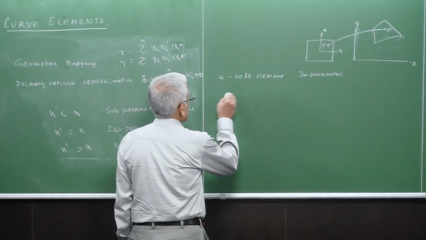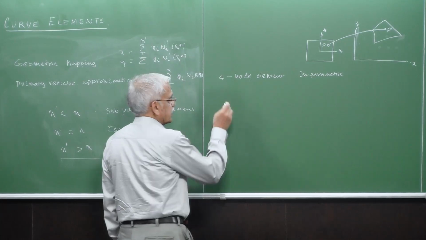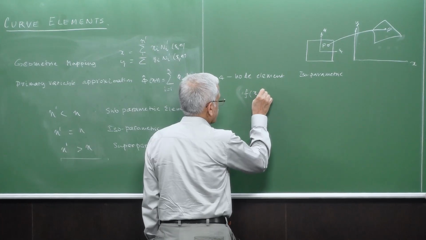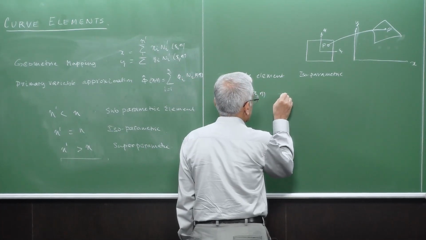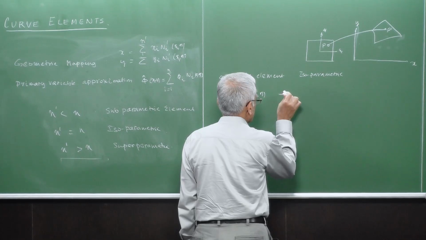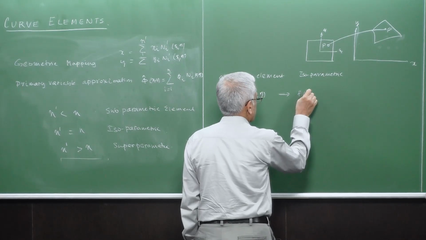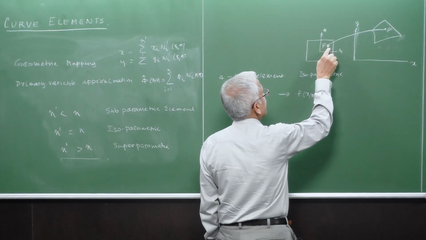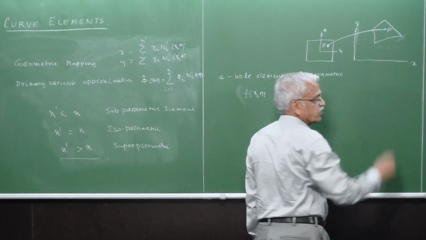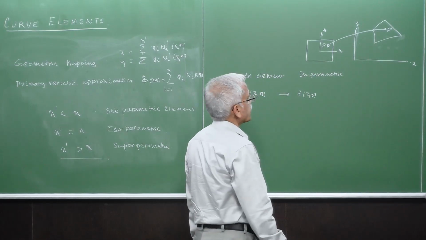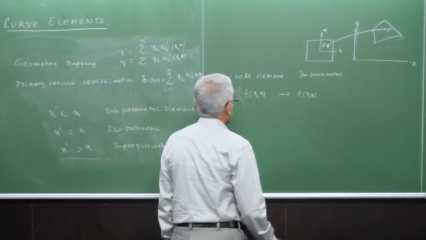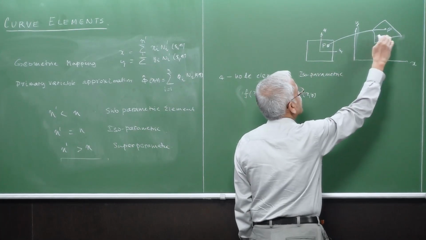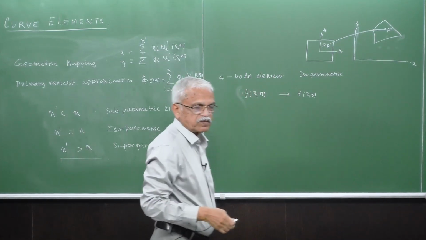So if any function f is defined here in terms of xi eta, which is equal to xy, the same f holds here, occupying the same transformed position. If f is varying here, f also varies here according to the xy position.